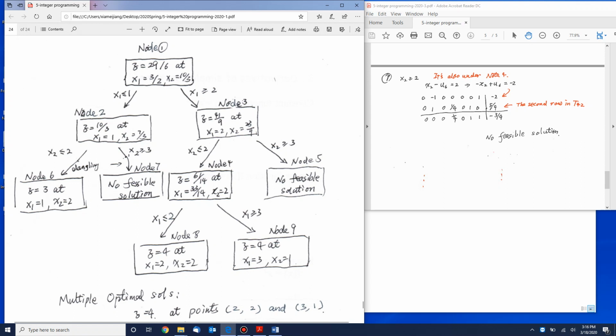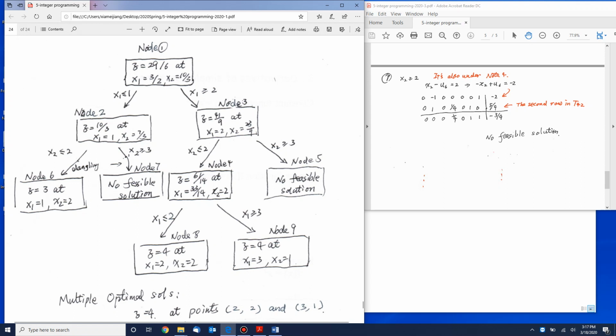So we set x1 less than or equal to 2 and x1 greater than or equal to 3. And then what we got is this: the optimal solution z equals 4 at x1 equals 2, x2 equals 2, and z equals 4 at x1 equals 3, x2 equals 1.